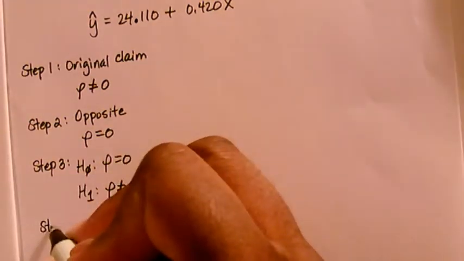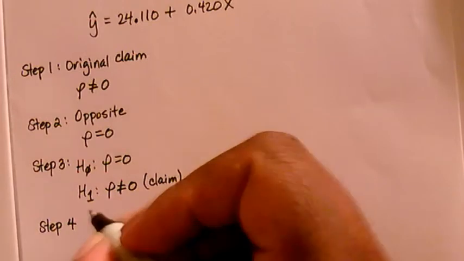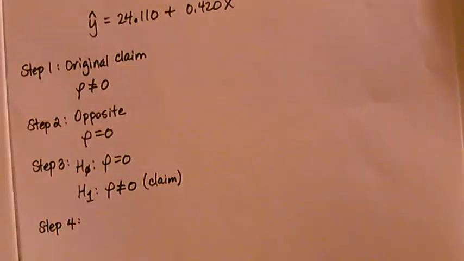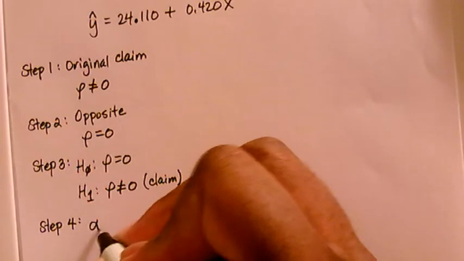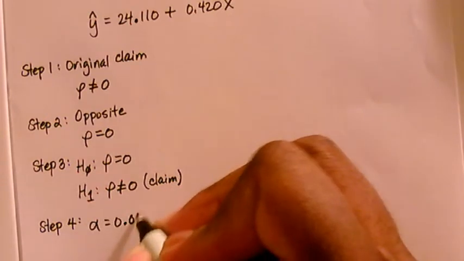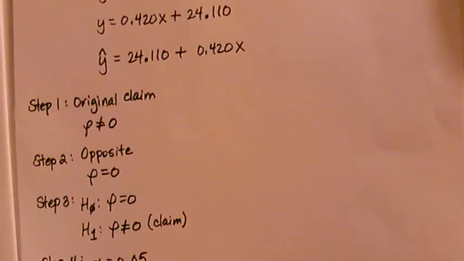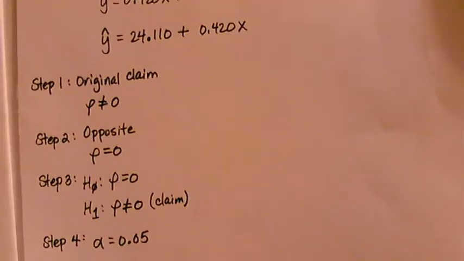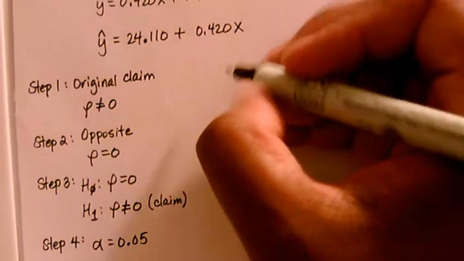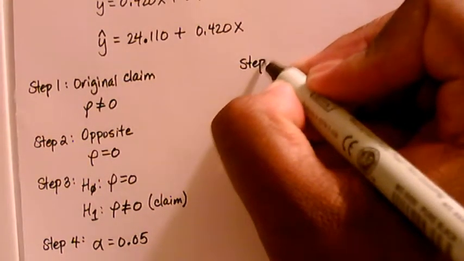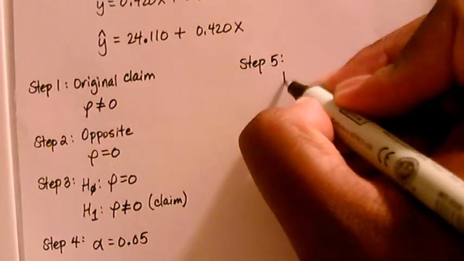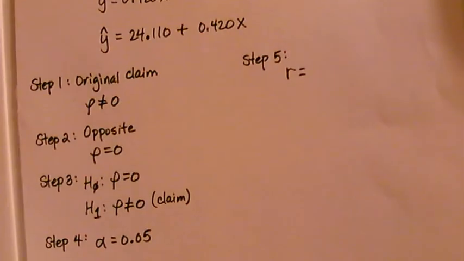And then step number 4, your alpha level, in this case that's 0.05. That's already given to you in the problem. Alright, and now step number 5 is your test statistic, which is your linear correlation coefficient.